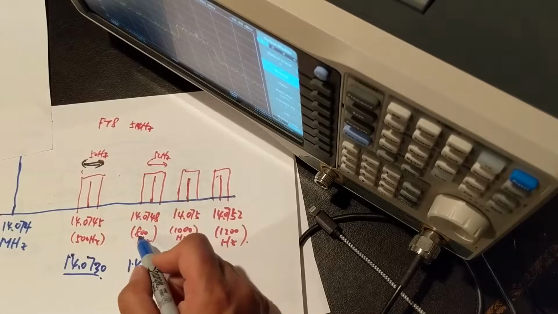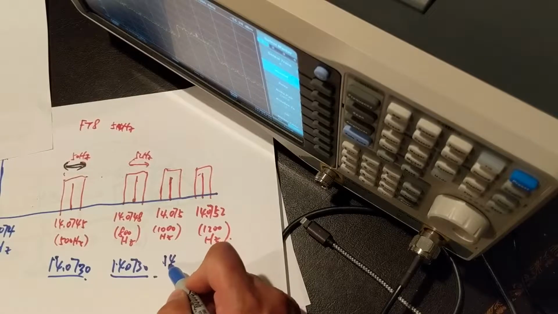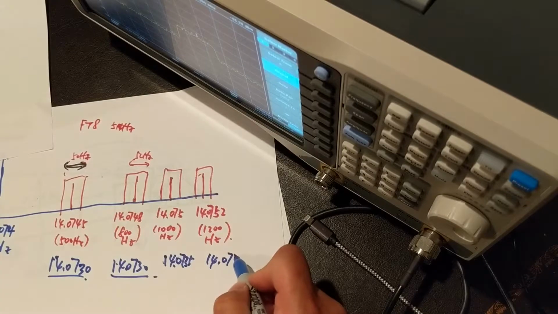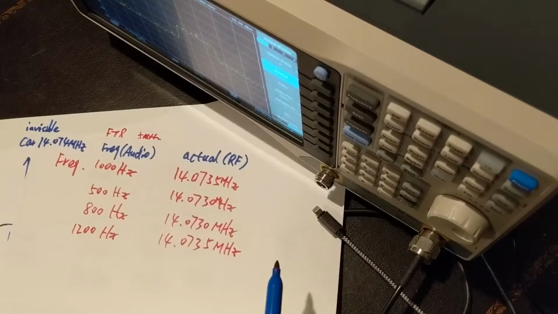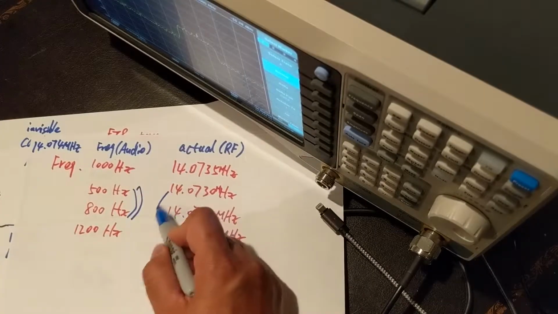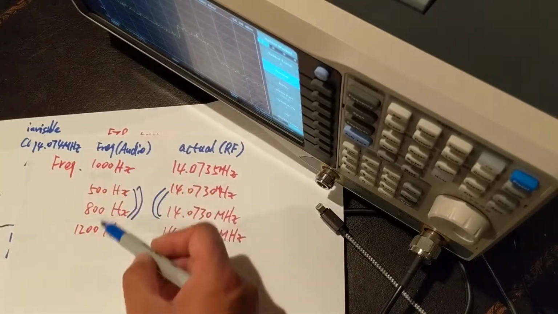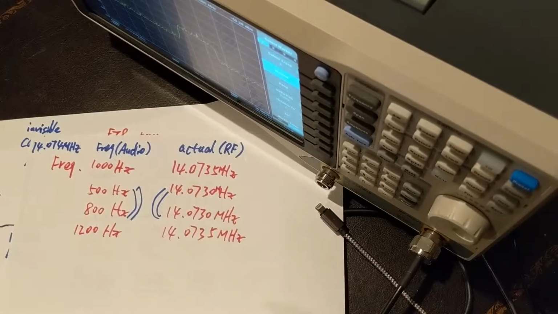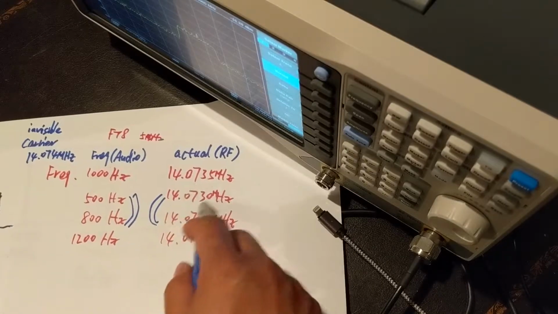This is for the 800, but for the upper one it becomes bigger, 14.075, 14.0753. It's the same here. We can see that for the lower one, this is shifted lower, but for the upper one, the actual RF frequency becomes bigger. So that's the reason the actual frequency is jumping.